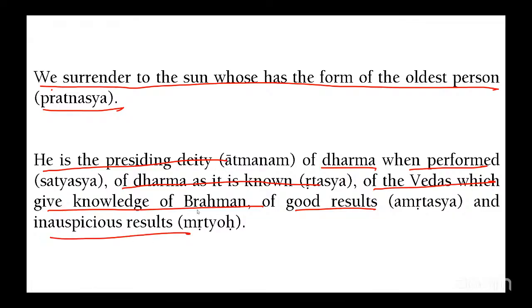So as the one who represents time, Surya is considered to be the bestower of these results, because one gets those results according to the time, and particular kinds of rituals are performed at particular times of the day, like that.